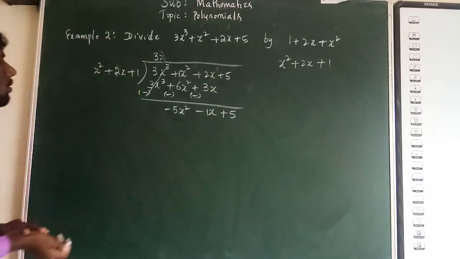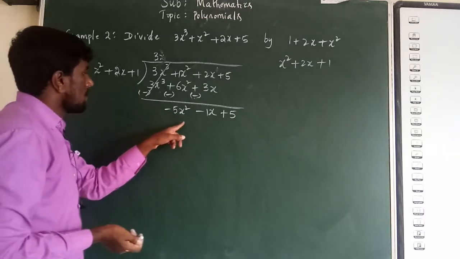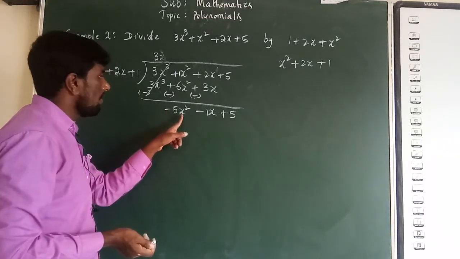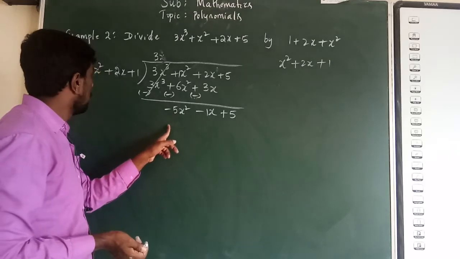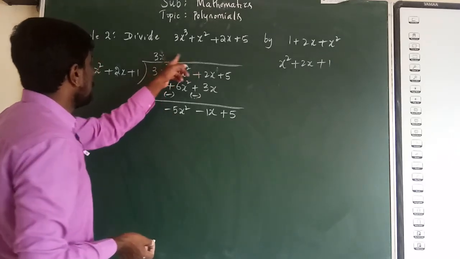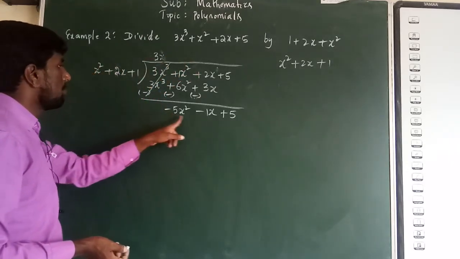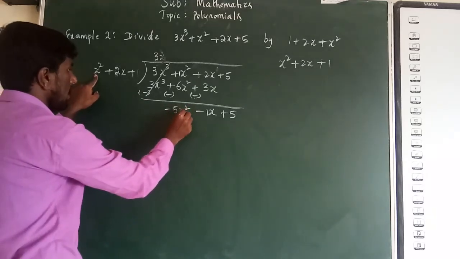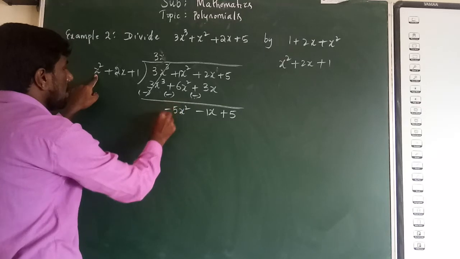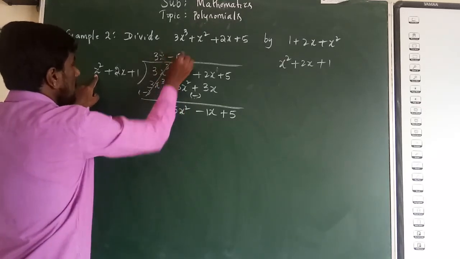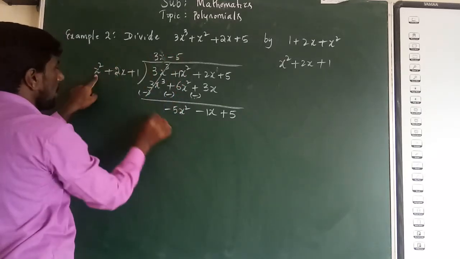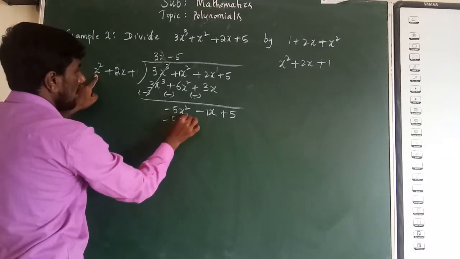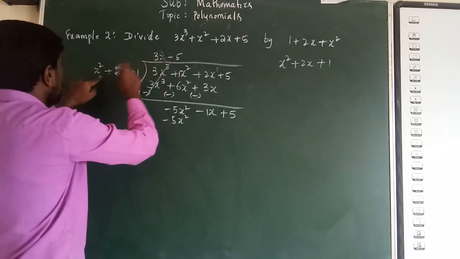Okay. Now what is the first value I should get here? Minus 5x square, the same value I should get here. I have x square already, so I should multiply with minus 5. Then I will be getting minus 5x square. Now this is done.